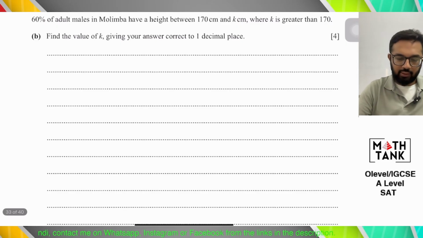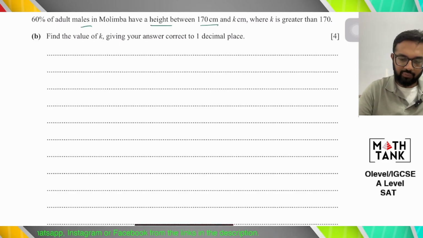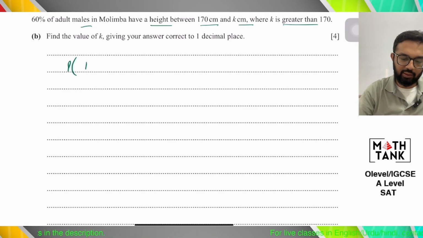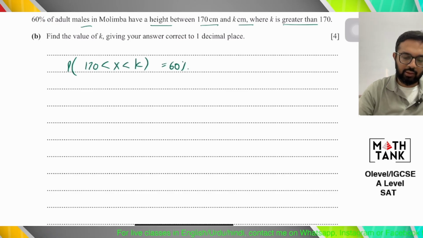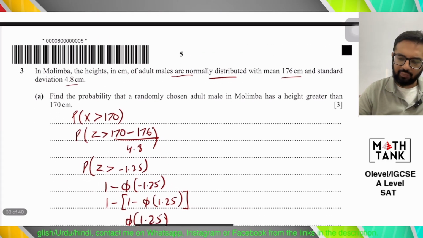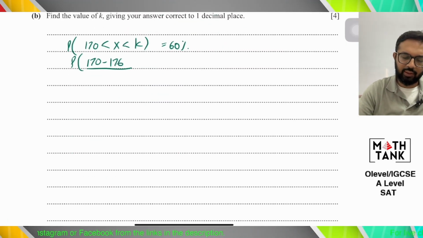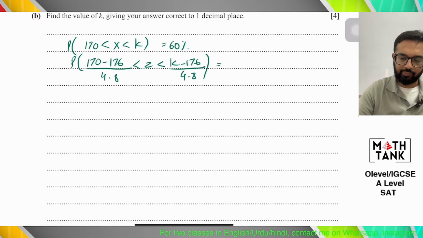Then it says 60% of adult males in Malimba have a height between 170 and k, where k is greater than 170. Find the value of k. So between 170 and k, 60%. That looks like a reverse reading question. I just found 170, right? Yeah, I could use that idea, but let's just stick to our typical method. That's minus 1.25.